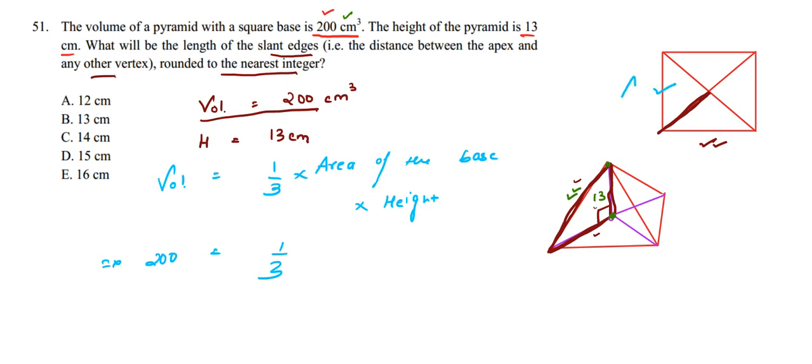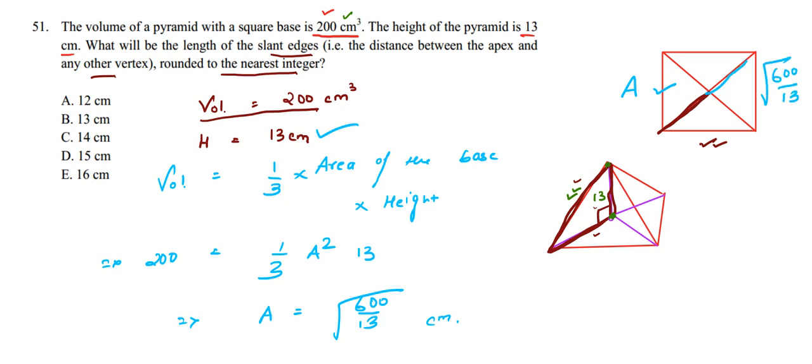Let the side be A. So this will be A square into height. Height is given as 13 centimeter. From this we can write A square equal to 600 by 13, and taking the root, A is root over 600 by 13. So our side is root over 600 by 13.